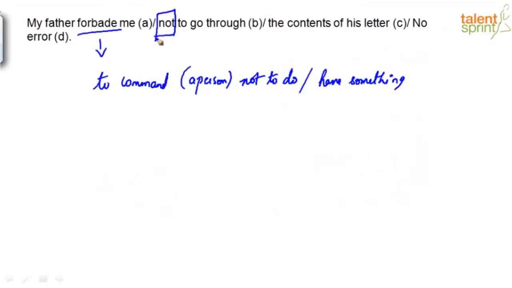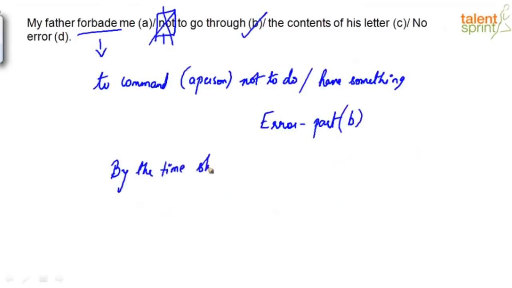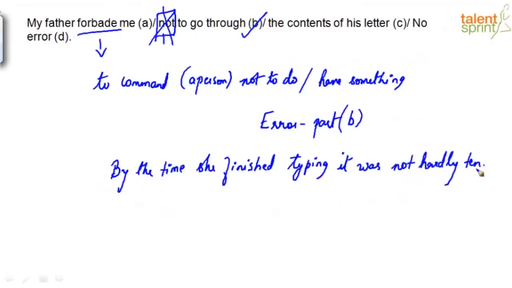My father forbade me to go there or to go through the contents of his letter means he has asked me not to do something. So which means this is redundant here. I will delete "not." The error is in part B, right? You can "forbade" someone from doing something. Yes, that is also correct. But I'm saying the rule is you need to avoid double negatives, right? When you have words, see for example, if I say by the time she finished typing, it was not hardly 10, right?